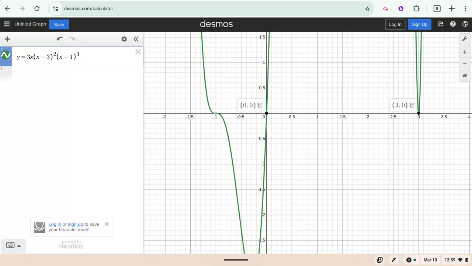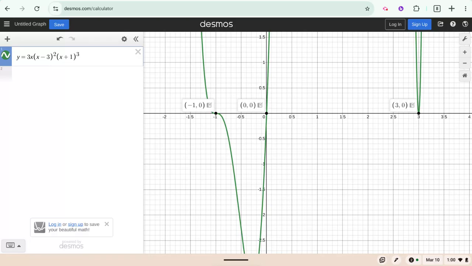So 0 had a multiplicity of 1. It just goes straight through the graph. 3 has a multiplicity of 2. Notice it sort of bounces off the x-axis or is tangent, which we would expect when you have an even multiplicity. And then look what happens at x equals negative 1, where you have a multiplicity of 3.